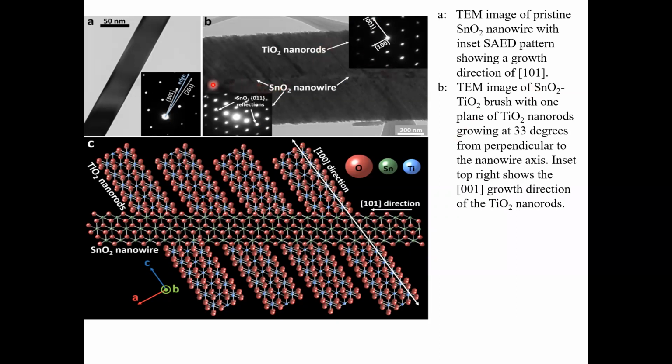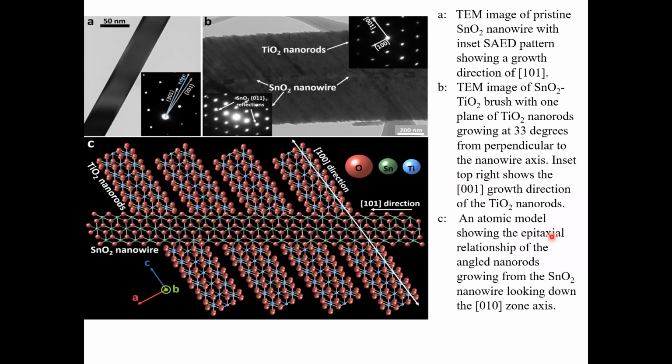So here you're seeing the tin dioxide nanowire along the core. And these are the TiO2 nanotinsels that we grow onto it. And the nanotinsel's growth direction is 001. And then if you look at the atomic model, which is being shown here, this is your tin dioxide rutile structure grown along the 101 direction on FTO.